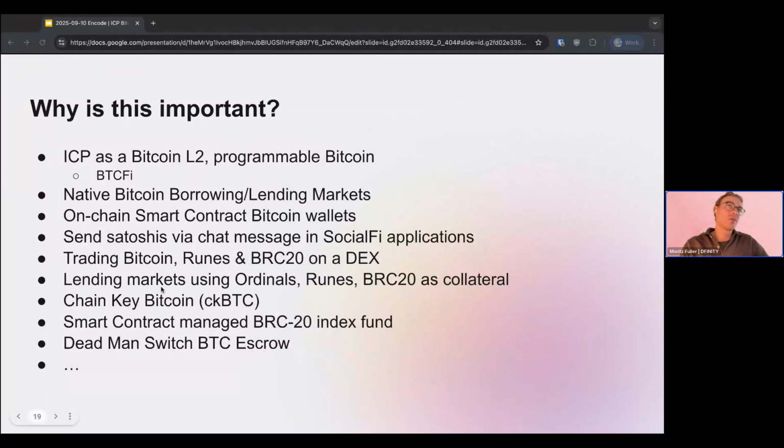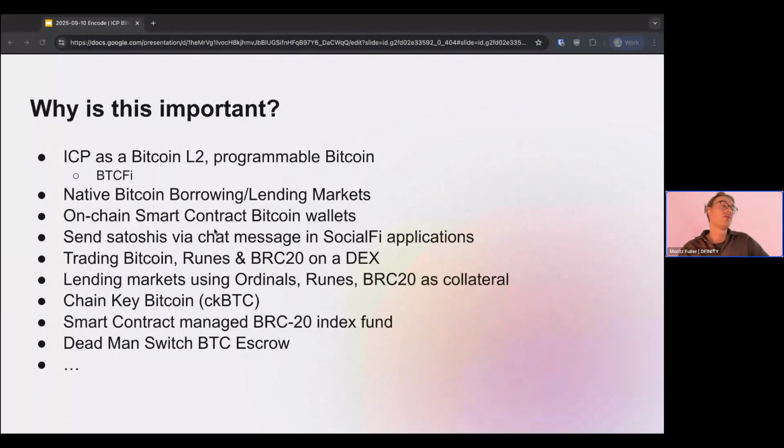And some of the examples of what you can do with BTCFi, which this whole workshop today, or the entire bootcamp, so to say, is about, is building BTCFi applications, like, for example, native Bitcoin borrowing lending markets. You can build on-chain smart contract wallets, so you can have a smart contract that controls Bitcoin on the Bitcoin layer 1.